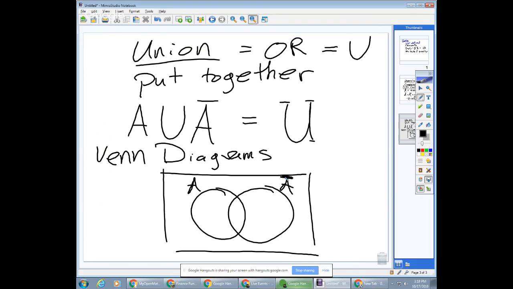So that would be, for example, 2, 4, 6, and 8. And not A had everything else in this universe, which was 1, 3, 5, 7, and 9. And a union comes when you put two sets together, and that's that figure 8 shape we played with a couple weeks ago.